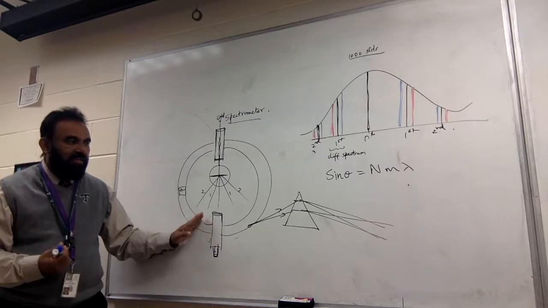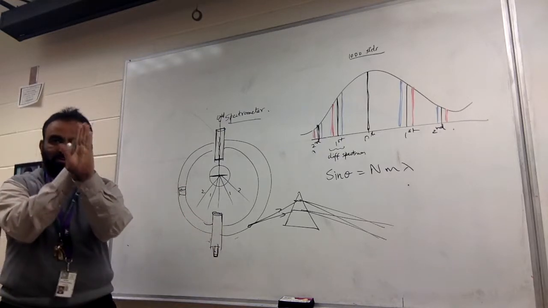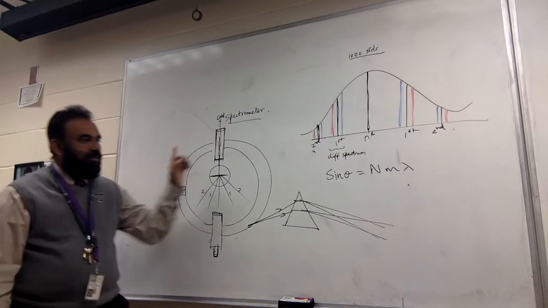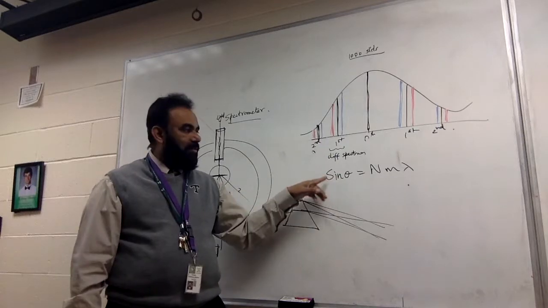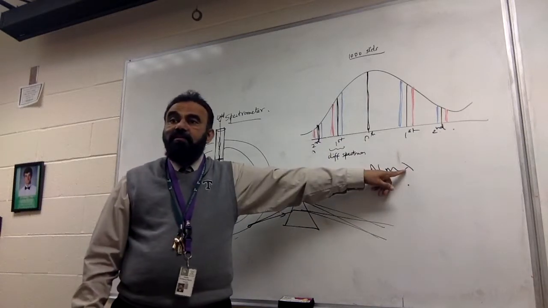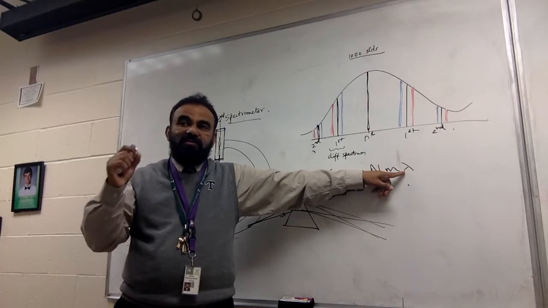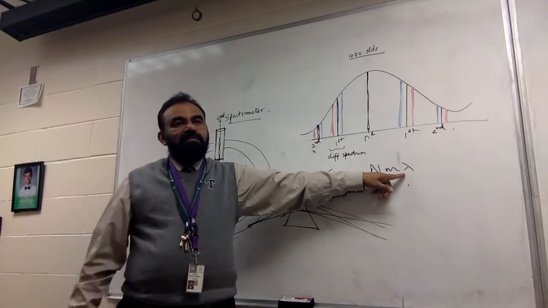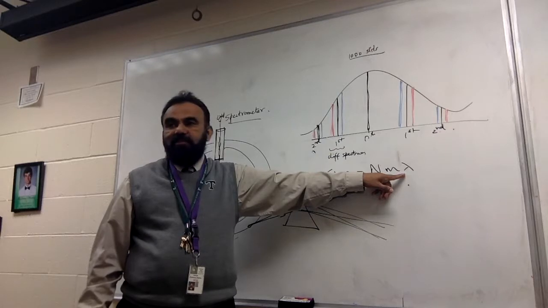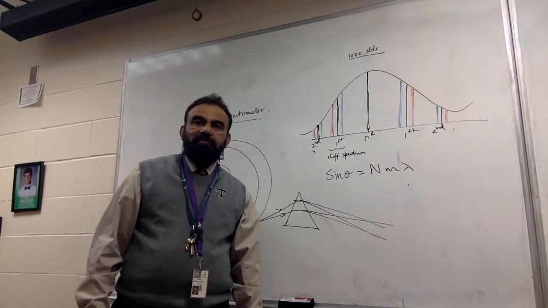Once you locate the green light, focus it exactly on the crosswire to get the angle. Once you have the angle, substitute into this equation and get the wavelength. We can measure the wavelength of colors very precisely using a spectrometer. Do you get it?